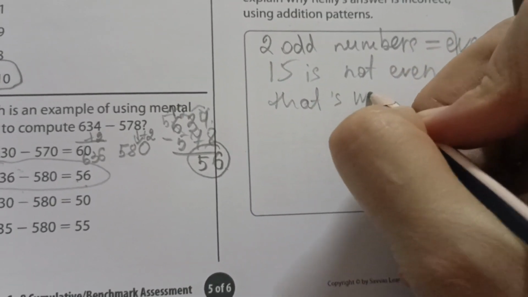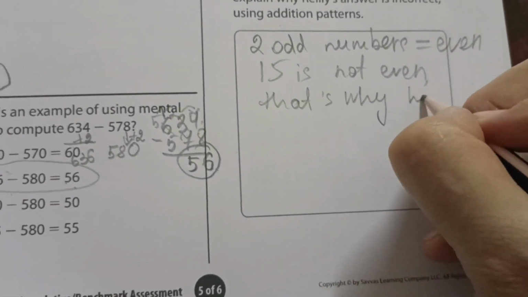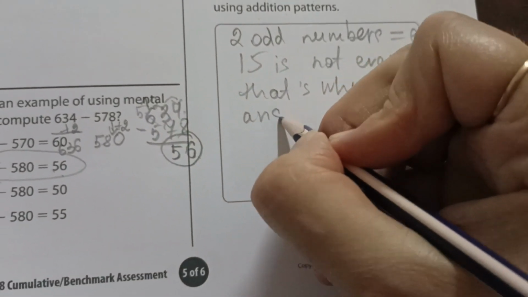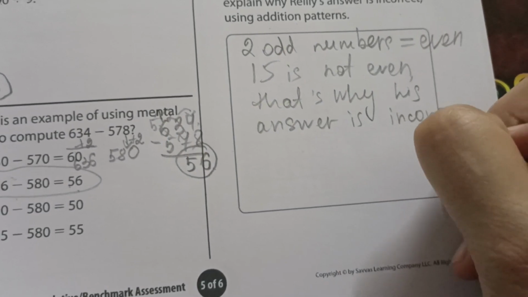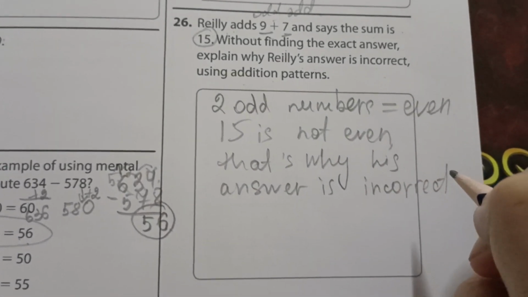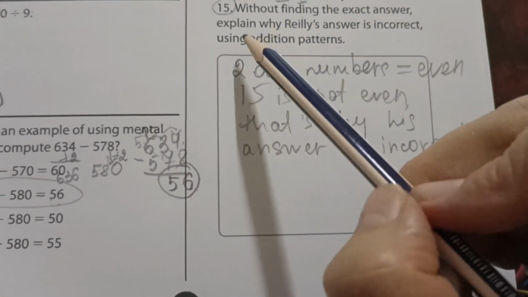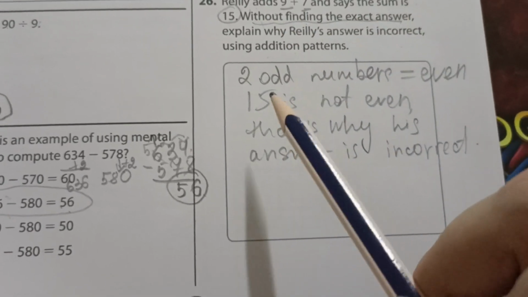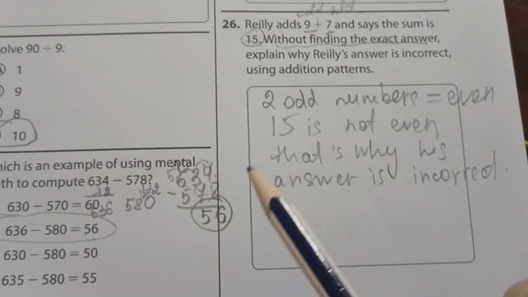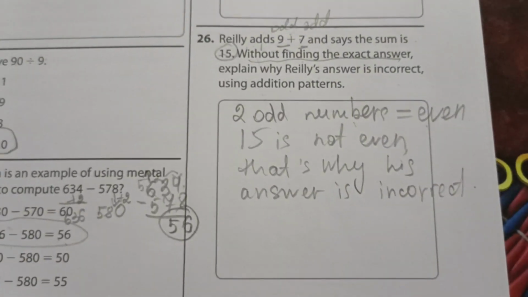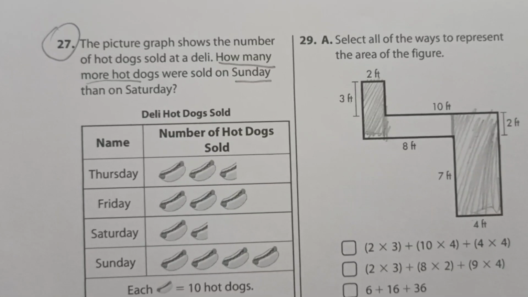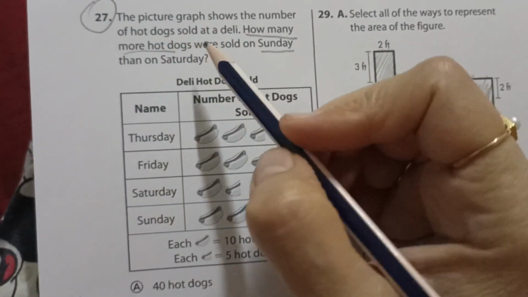That's why his answer is incorrect. No need to write the correct answer here because the question is without finding the exact answer. Tell why this is wrong. Because odd plus odd should be even. This is the rule. Okay.